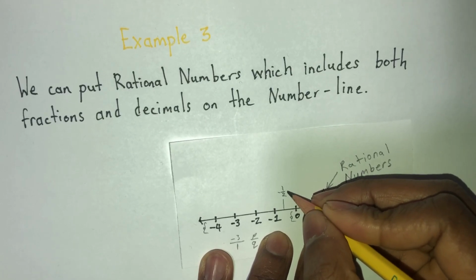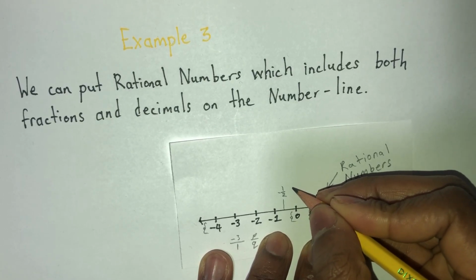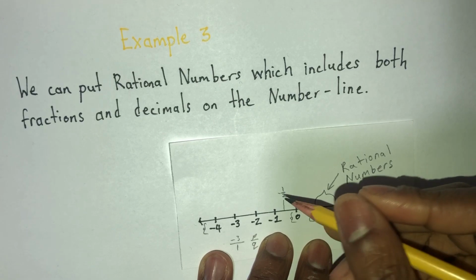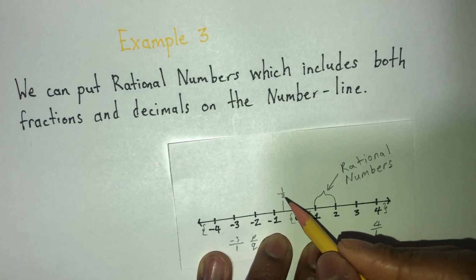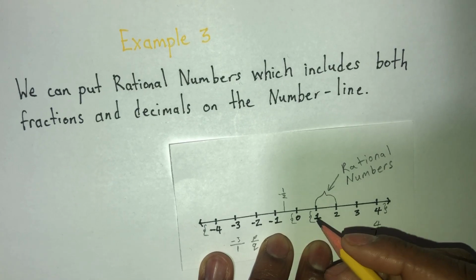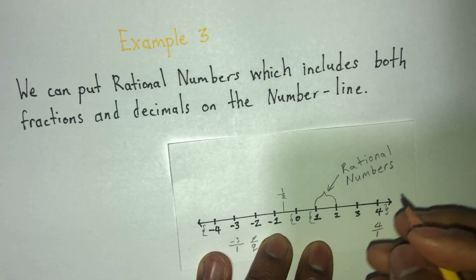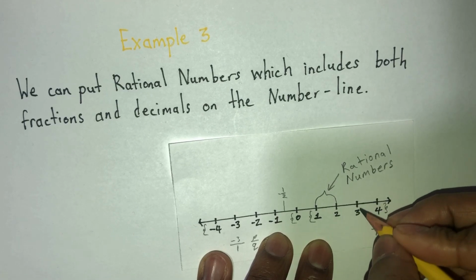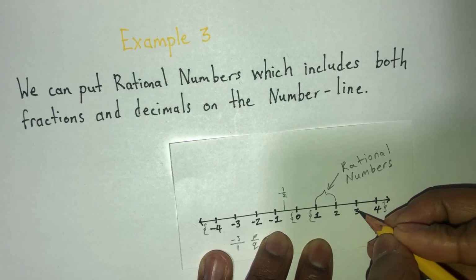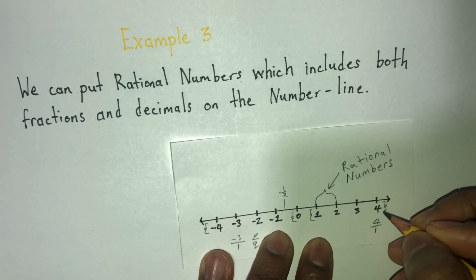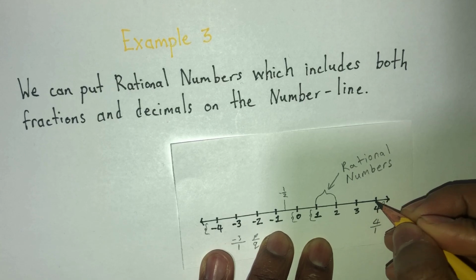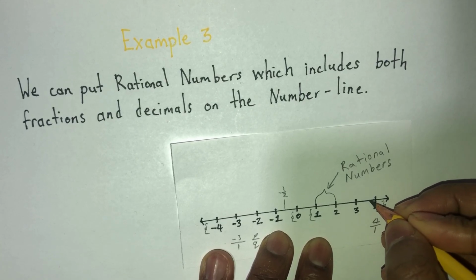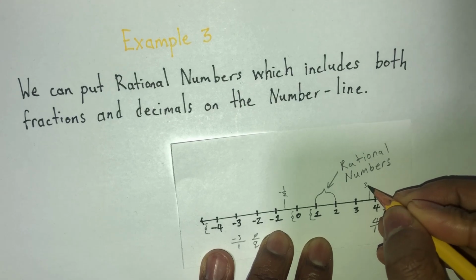Now, this is in the form p over q, and we know that that is the definition of a rational number. So -1/2, this is a rational number. Let's say we're on this side between 3 and 4. And we're going closer to 4. So we're right here, 3.7.